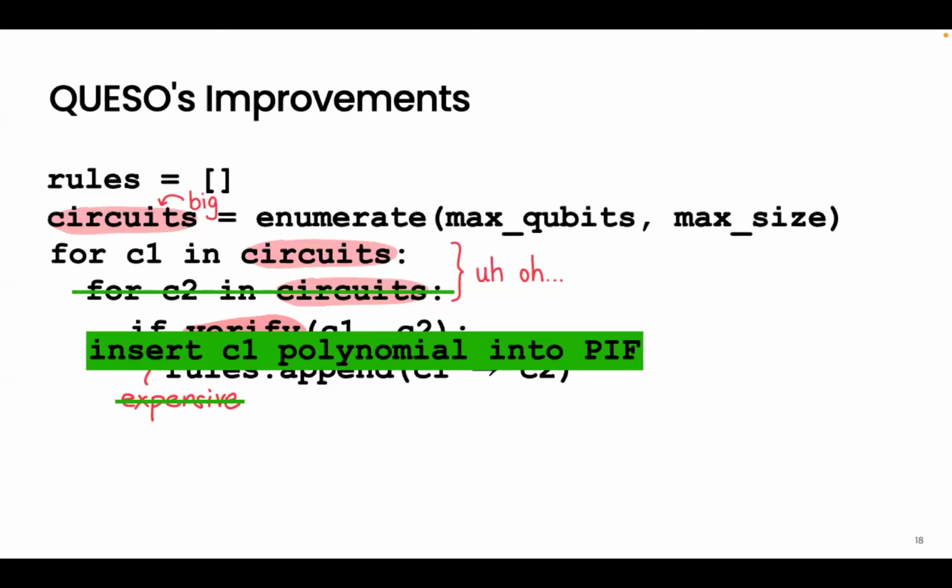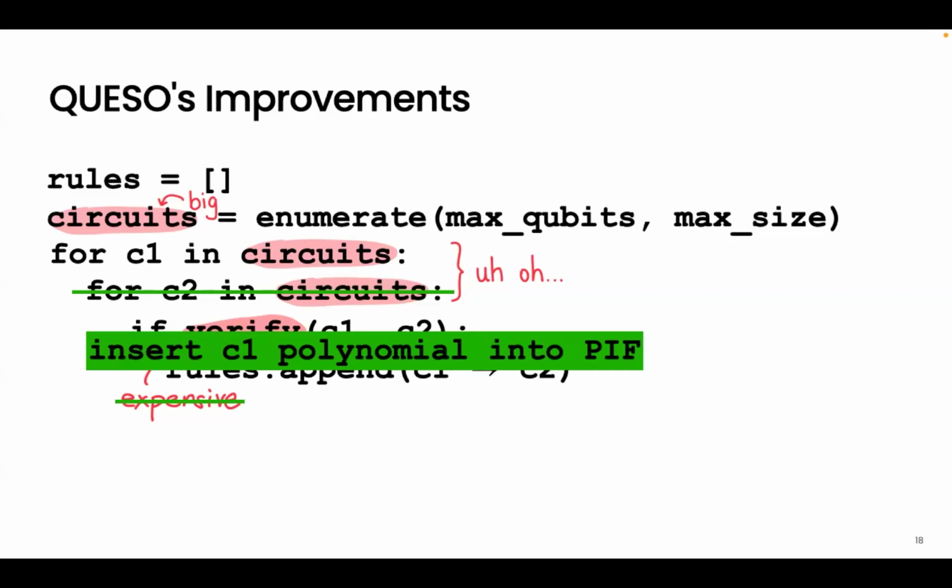This data structure is a map from some value to a set of circuits.